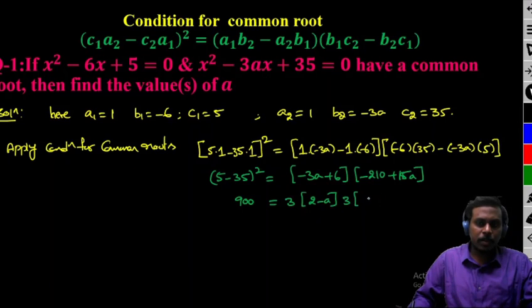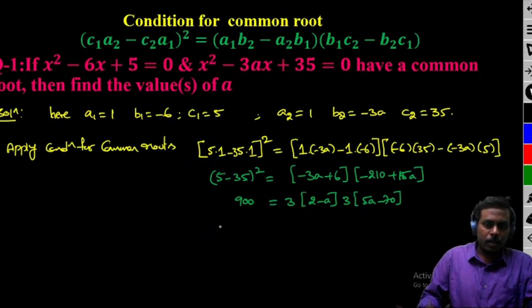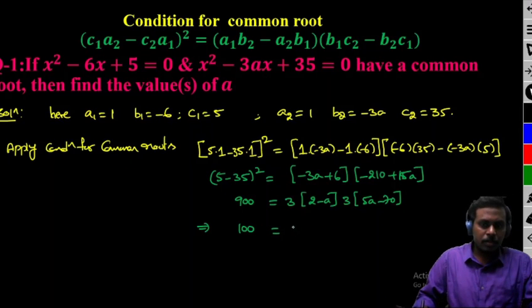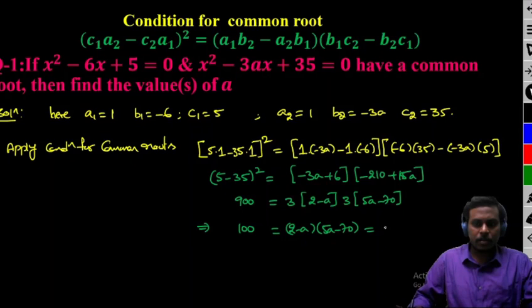This is going to be 5a minus 70. Now on both sides we can cancel 9. So this becomes 2 minus a into 5a minus 70. So this is 10a minus 140 minus 5a square plus 70a.